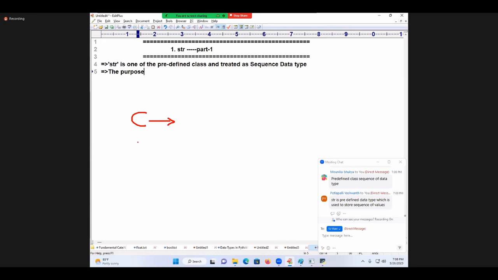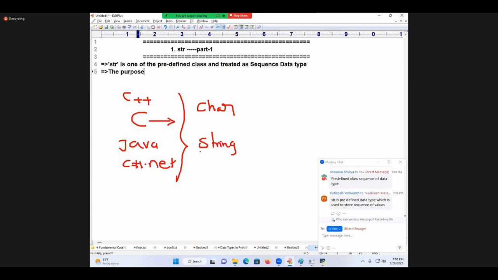In C programming, in C++ programming, in Java programming, in C#.NET programming, you have 2 data types. One is the char data type. One more is called the string data type. In C language and C++, an array of characters is called a string.